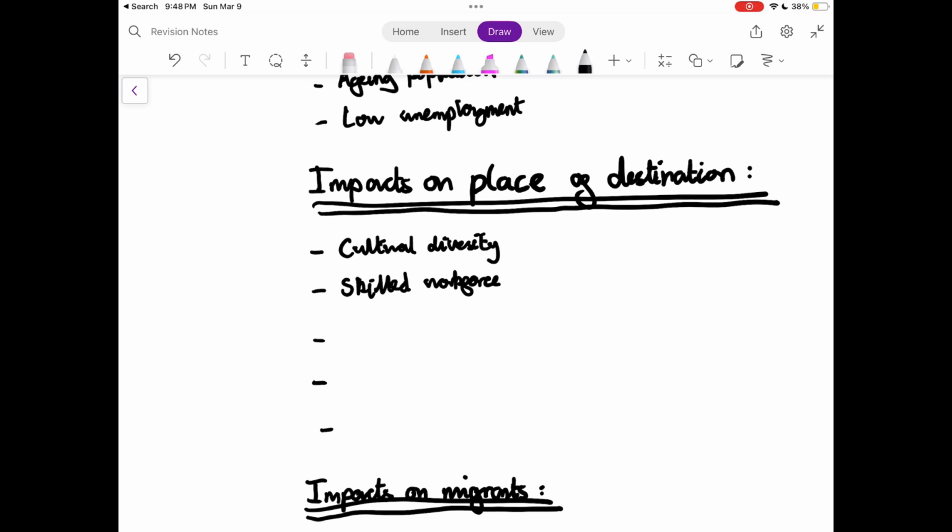However, some negative impacts include pressure on public services.